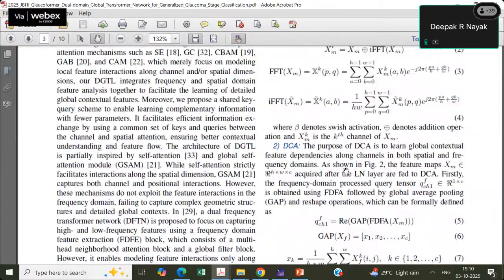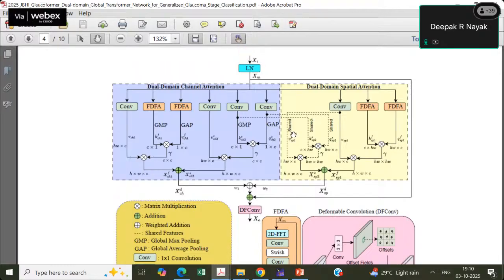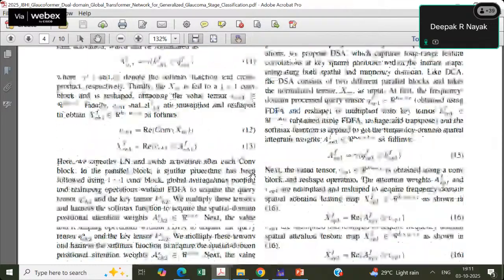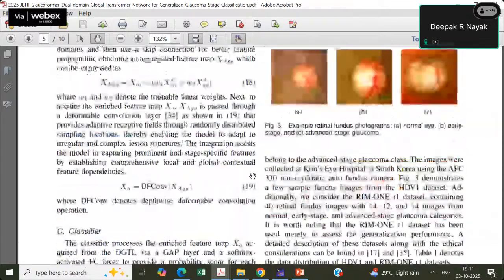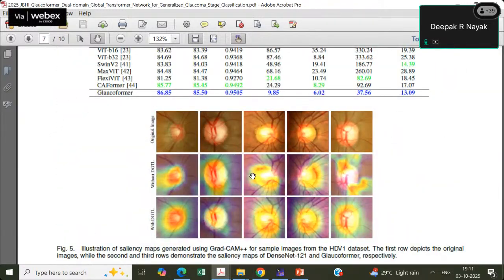If you go through our paper, you will find the details of the mechanism. The dual domain transformer layer which we have proposed is a very interesting concept, and very useful for solving a few problems, for analyzing images in both the spatial domain as well as the frequency domain.